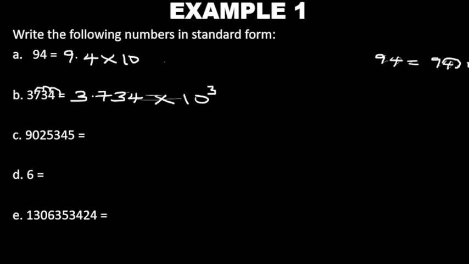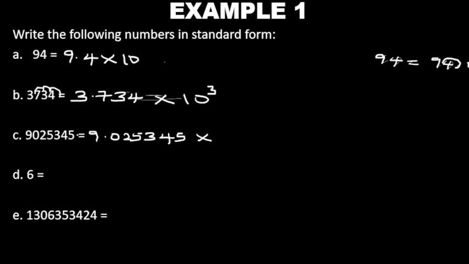In the same way, to express this in standard form, the point is here, isn't it? Originally the point is here. To get a number between 1 and 10, we are going to shift the point to this place to get 9.025345. So that will be 9.025345, isn't it?